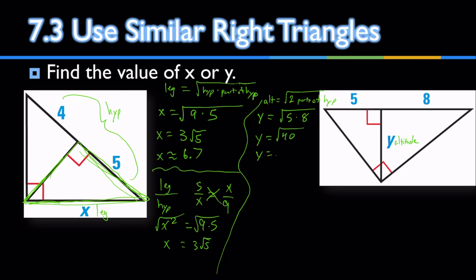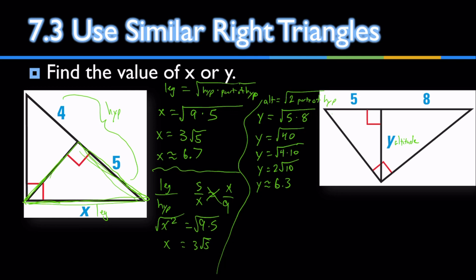Oh, let's see. 40 is, if I have a perfect square, it'd be 4 times 10, which is 2 square root of 10, which is approximately 6.3. Be careful to read whether they want radical form or decimal form.